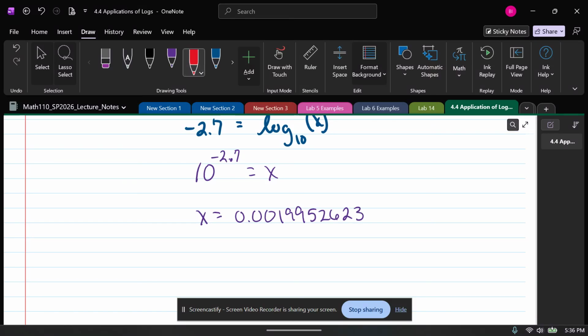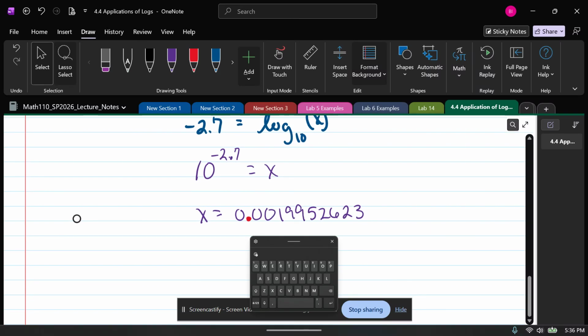Now, a lot of times in this section, they will write their answers in scientific notation. Okay, so how do we put this in scientific notation? So we got the decimal place right there between those zeros. When I write it in scientific notation, there needs to be one number that's not a zero in front of the decimal.